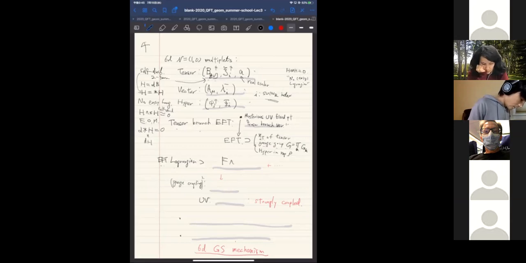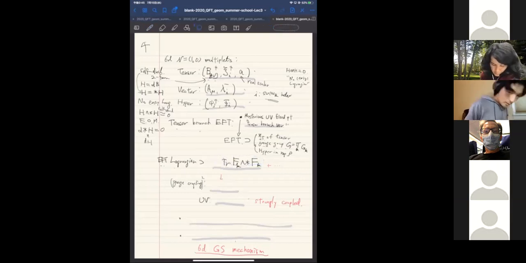Okay, so in particular, I assume the EFT Lagrangian. Of course, we should have some Yang-Mills term for some gauge group. But I assume the gauge coupling is controlled by the vev of the real scalar in the tensor multiplet. That's one assumption on this EFT.